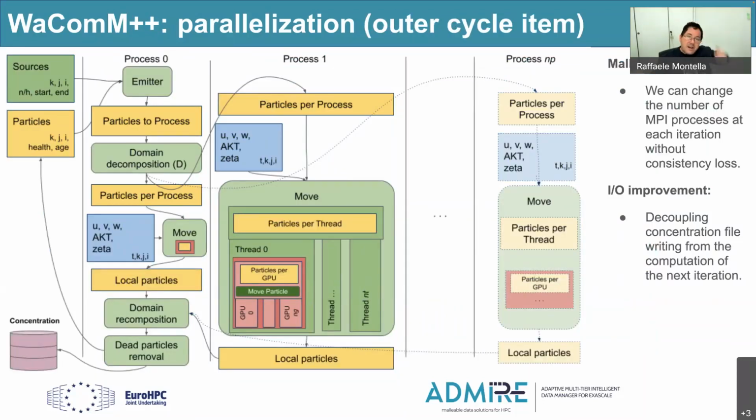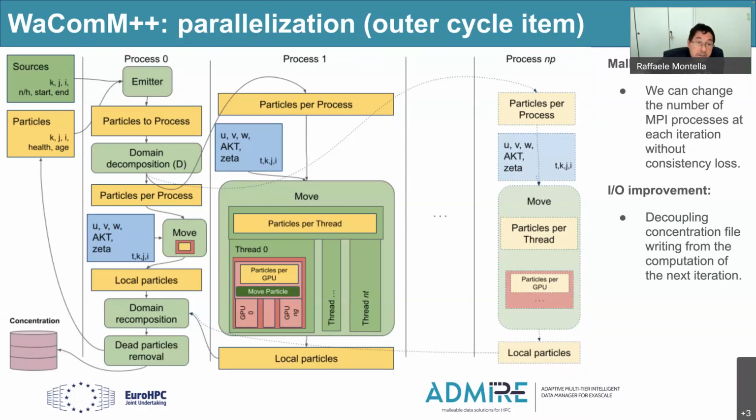This is a more detailed view of the parallelization of the outer cycle, and here is where we can use the outputs of the Admire project in order to improve the overall performance of this use case.